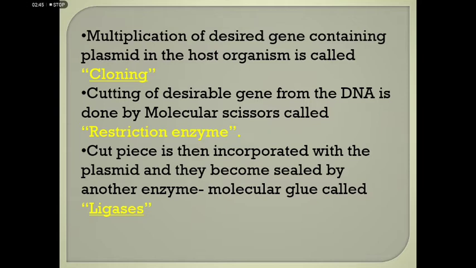These molecular scissors and molecular glue or ligase collectively perform these functions, so that we can cut an undesirable piece from the plasmid and add a desirable piece into this plasmid again, and seal this portion by ligase, so that now the plasmid acts as a new carrier, carrying an alien piece of desirable DNA.